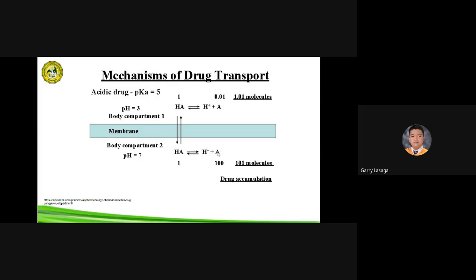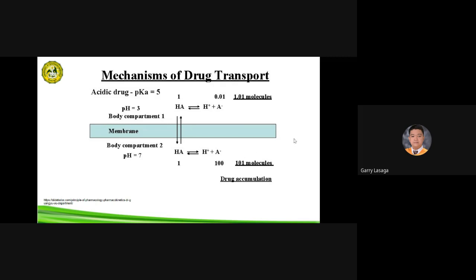So in here, because this is an acidic drug and this is a basic environment, the proportion of the A minus here, the protonated form will predominate. So pag predominate yung protonated form, it will not be absorbed, so that the drug will accumulate in this compartment at a pH of 7, or at acidic environment.